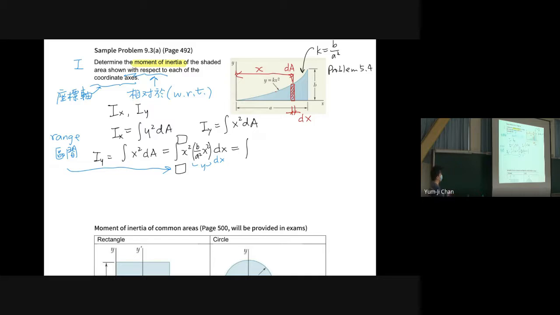We are only doing that integral for a range only, so it is a definite integral. Now, what's the range of the definite integral, from x equal to what to x equal to what? From x equal to 0 to x equal to a.